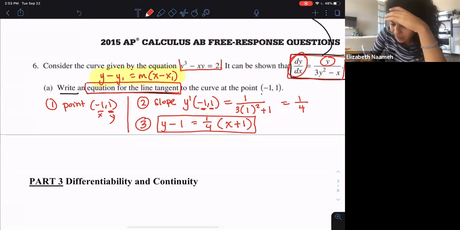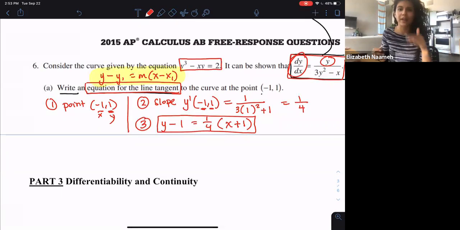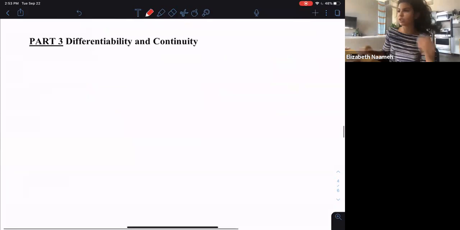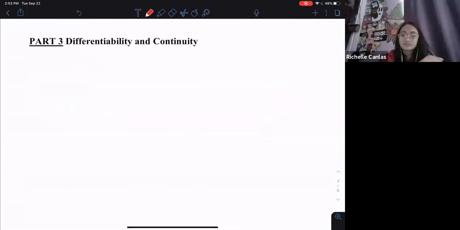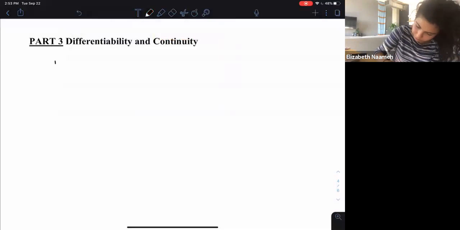Notice that when we were doing explicit, we were finding the y value ourselves because it was y equals. It was super easy. Okay, part 3, differentiability and continuity. Okay, 10 minutes on the clock. You can time me. Ready? Draw this graph with me.